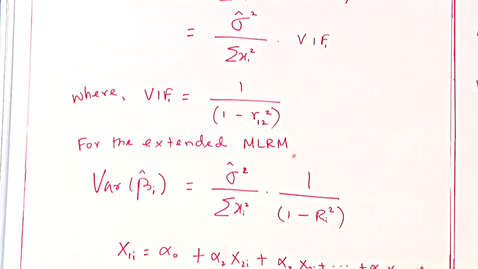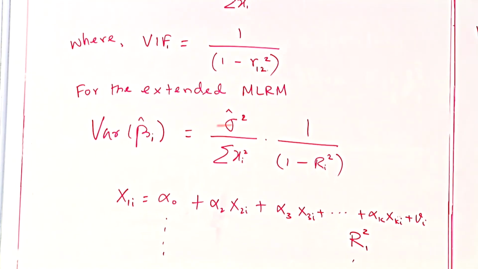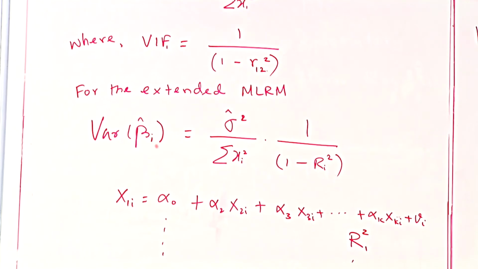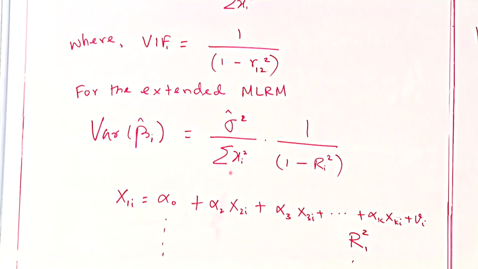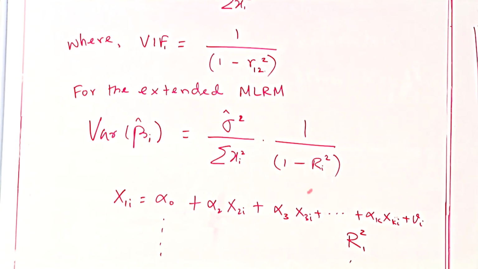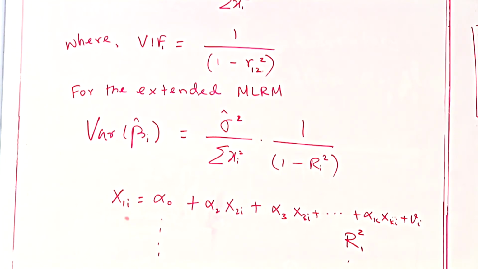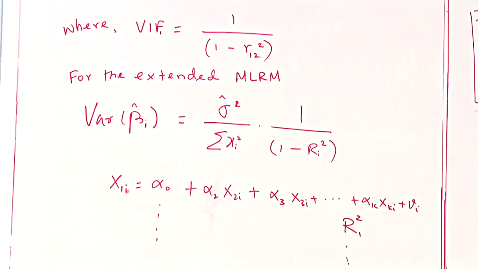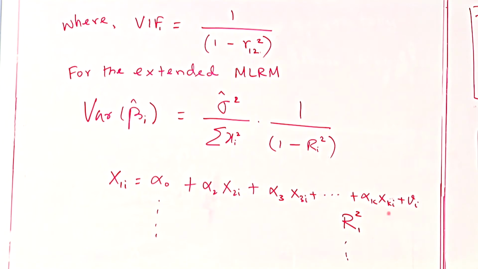For the extended multiple linear regression model, this can be extended like this: variance of beta i hat is equal to sigma hat square divided by sigma xi square times 1 by (1 minus ri square). This ri square is the multiple correlation coefficient, derived from the auxiliary regression equation of x1i regressed on x2i, x3i up to xki.